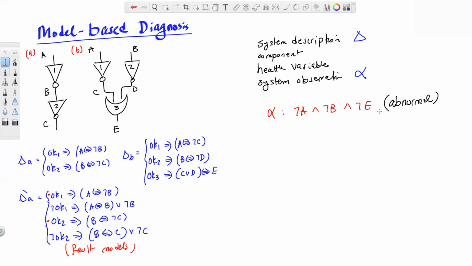If I ask you what went wrong here, how would you describe the problem? We know something is not functioning properly, because when I put a low input A and low input B, I should get a high output, but I got a low.